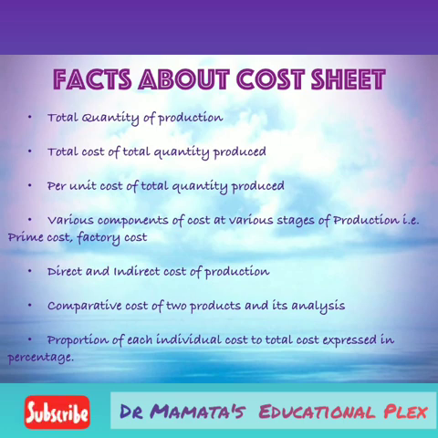Then various components of cost at various stages of production, that is prime cost, factory cost, office cost, selling and distribution cost, total cost, cost of production, etc. Then direct and indirect cost of production can also be analyzed in our cost sheet, and comparison of two products and its analysis can be easily done, and the proportion of each individual cost to the total cost is expressed in percentage in our cost sheet.